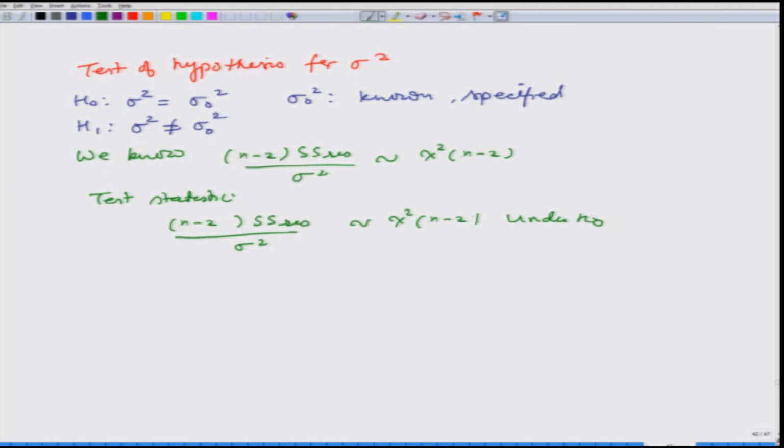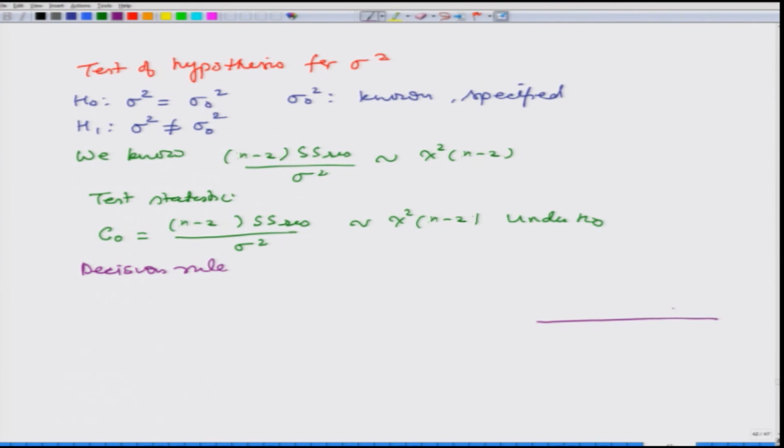So, let us denote this statistic as C naught, and in this case the decision rule is obtained using the chi-square distribution.